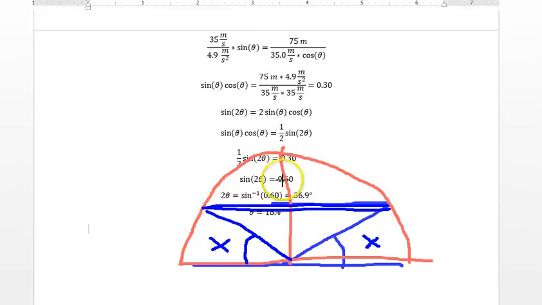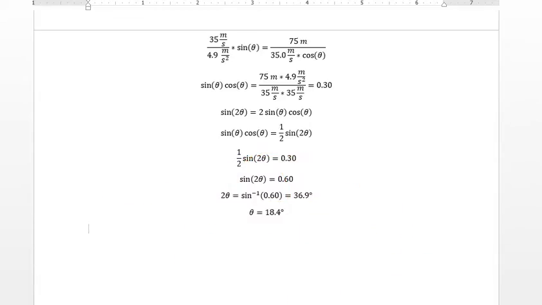The reason this is an issue for us is that normally this over here would not be an angle in the range we're after, but we've got the 2 theta in there. Right? So what is this angle way over here? This angle way over here is 180 minus 36.9. All right, so let's clean this up.